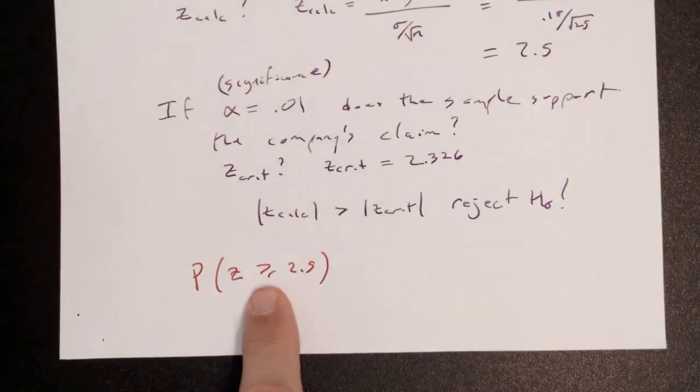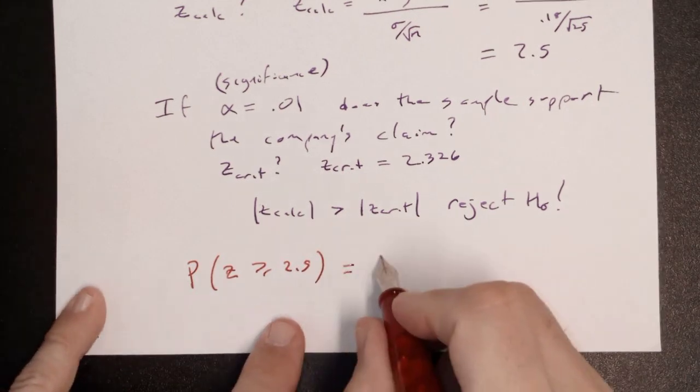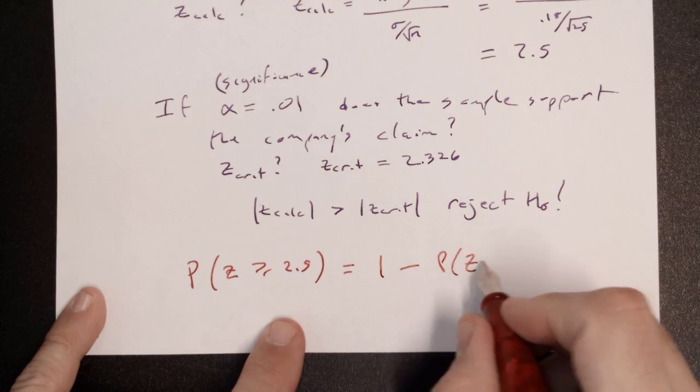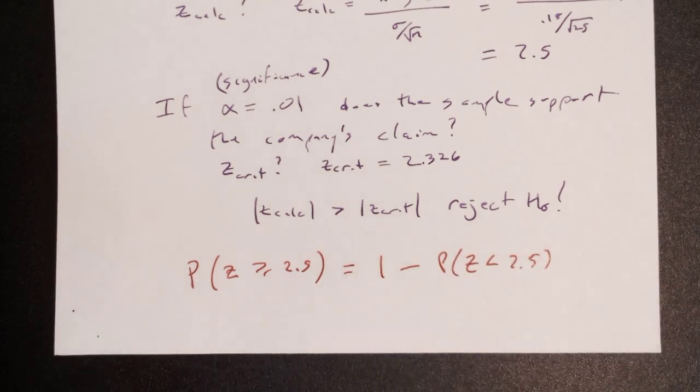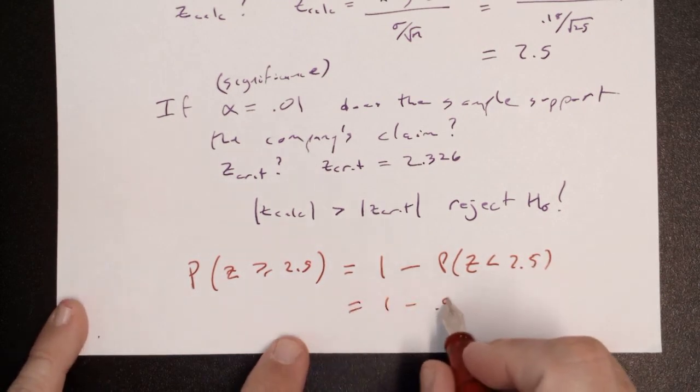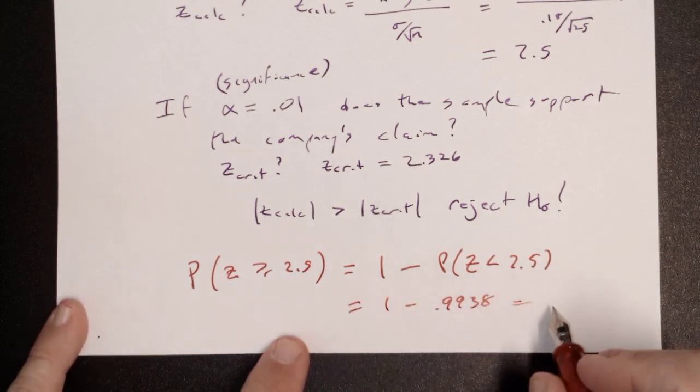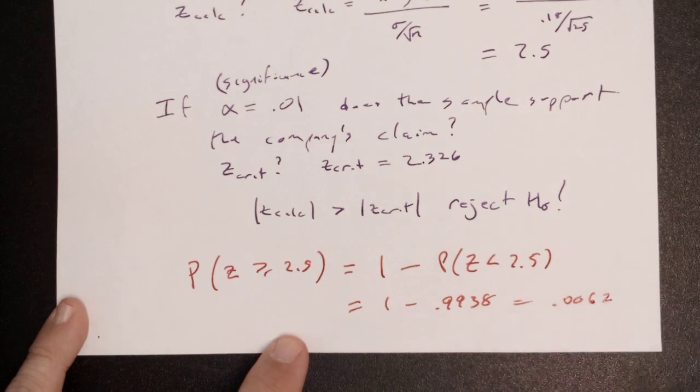I'm looking for area to the right. So what you gave me is the number Z less than, not Z bigger than. Oh, you gave me the right number. I just have to remember to use my complements idea. And then that is 1 minus 0.9938, which is 0.0062. Really, really small.